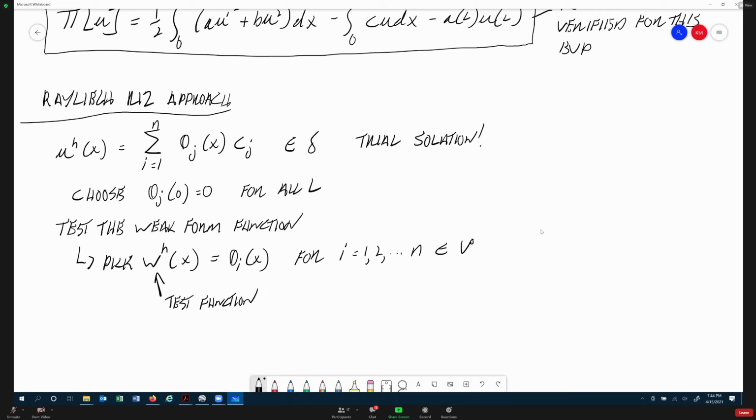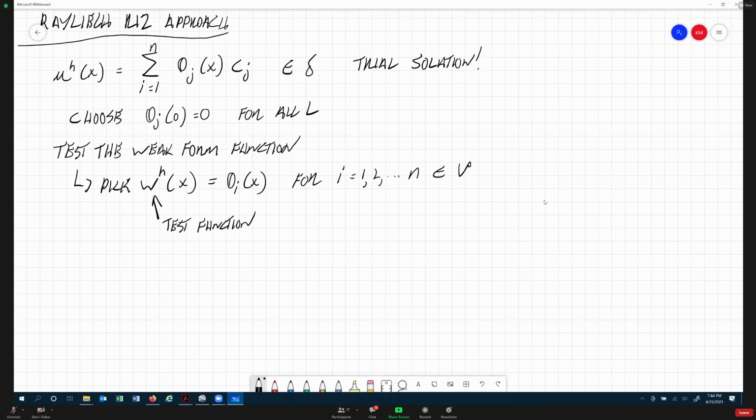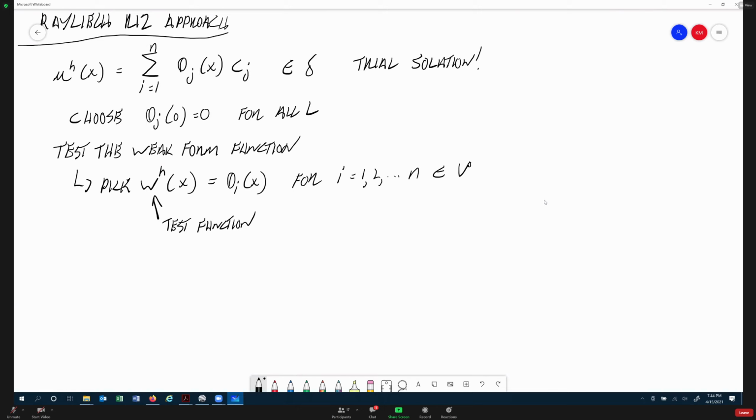So remember, we picked this test function to force it to be 0, like w(0) is equal to 0, right? The problem doesn't work unless we do that. But now we're going to say that that's equal to this trial solution, this phi.